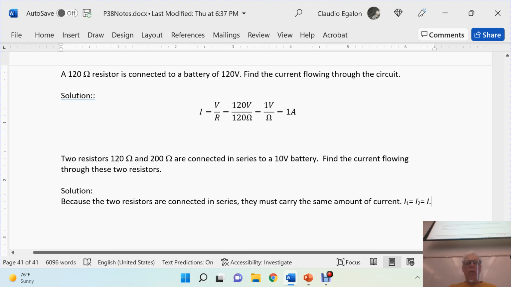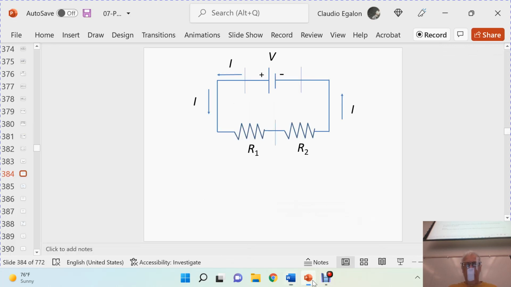What else can we say about this circuit? We can start talking about the energy of the circuit. Remember, the voltage is related to the energy. If energy is to be conserved, then the total energy provided by the battery must be split between those two resistors. So we can write it like that too.